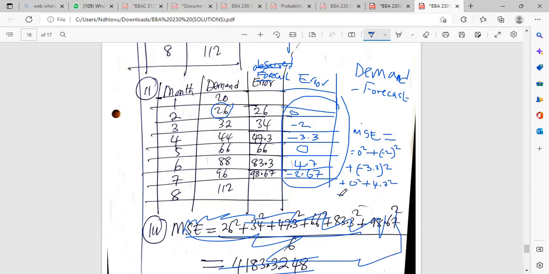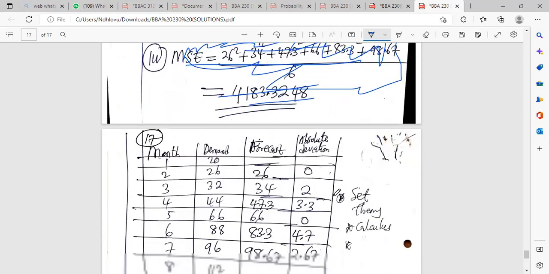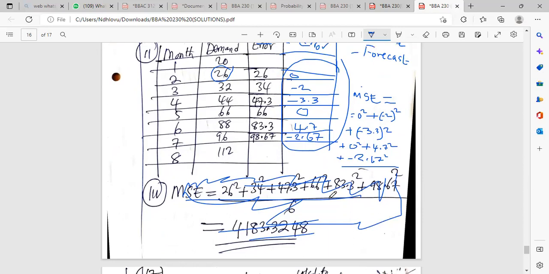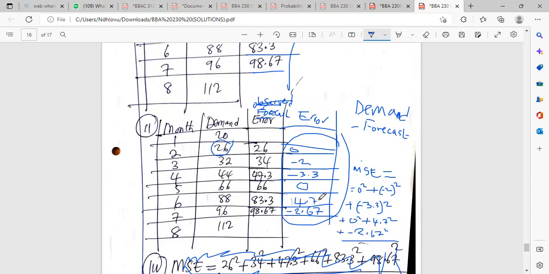Then plus negative 2.67 square. Then you divide by how many numbers there are. So the mean square error would be 0 square plus negative 2 square, 3.3 square, 0 square, then plus 4.7 square, then plus 2.67 square.